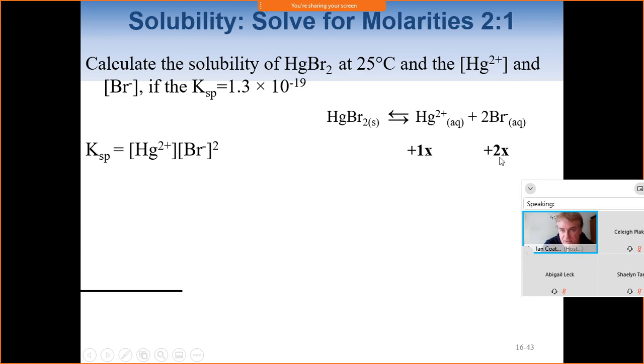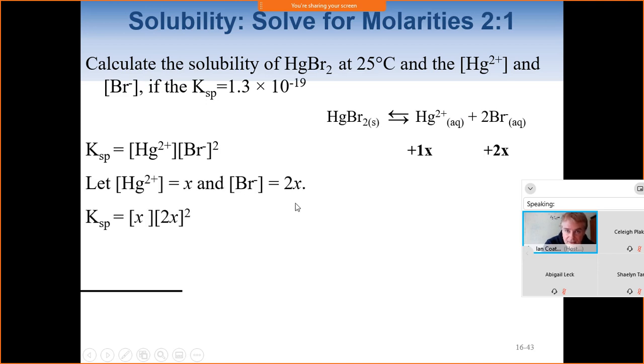Crazy important because you need that 2X in here. And remember that there's a coefficient, so there's a square on the outside of the bracket. Okay, let everything equal X. So KSP is equal to X times 2X squared. And 2X squared is 4X squared times X is 4X cubed.